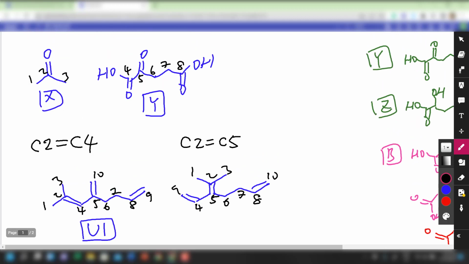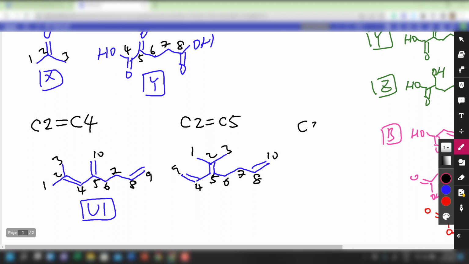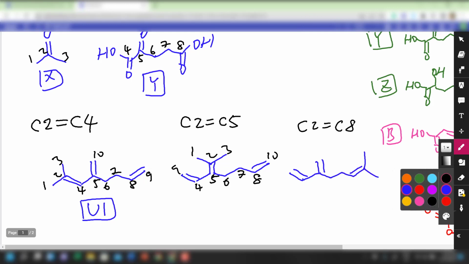Okay, or alternatively I can have C2 with C8. So that will be like this, and then like this, and then 6, 7, 8, and then like this. That will be 4, 5, 6, 7, 8, 1, 2, 3, 9, 10.